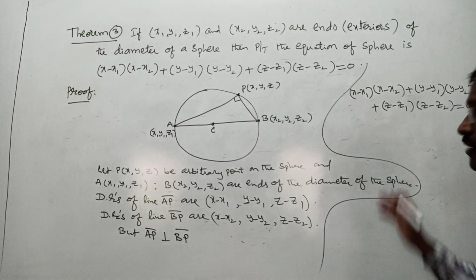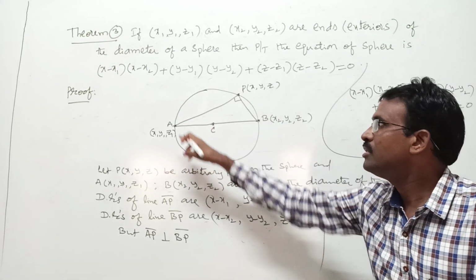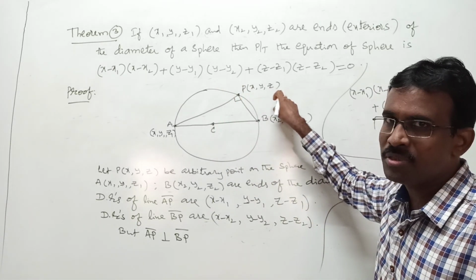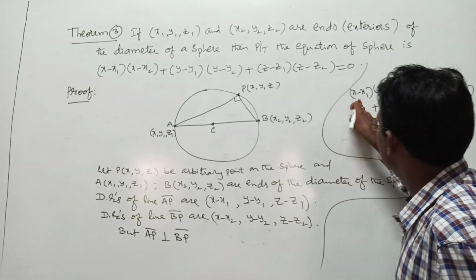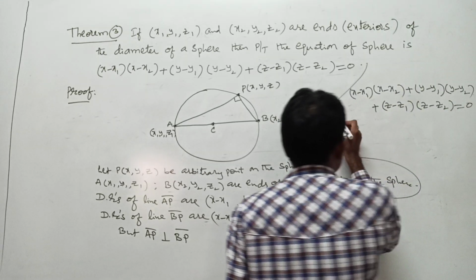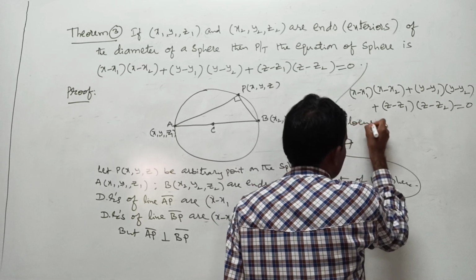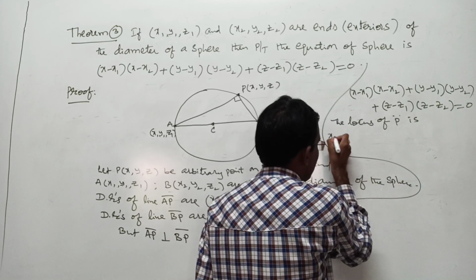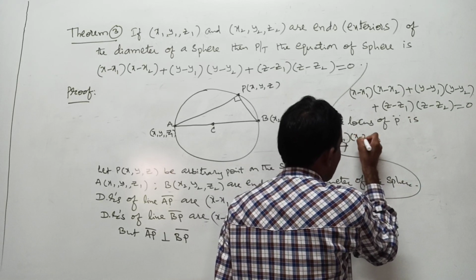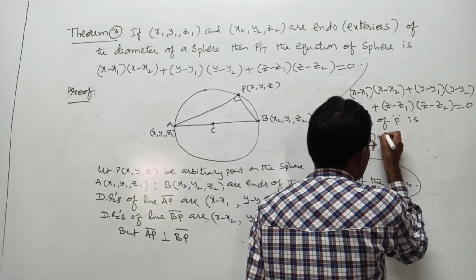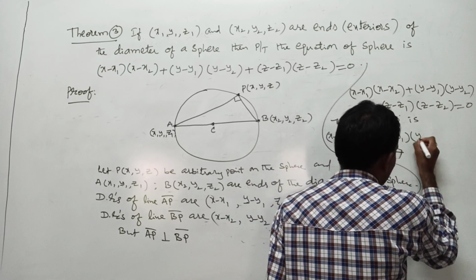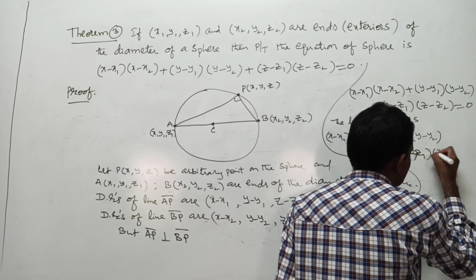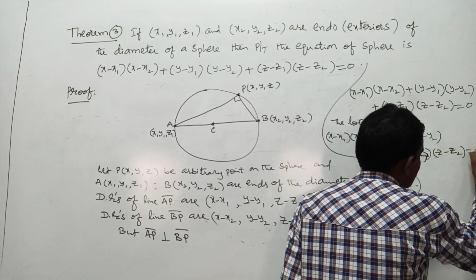After that, let us define the locus of point P. You get the sphere equation. Here again we take P as a general point x comma y comma z. Locus means no need to change anything. Here I am clearly writing the locus of P is x minus x1 into x minus x2 plus y minus y1 into y minus y2 plus z minus z1 into z minus z2 equal to 0.